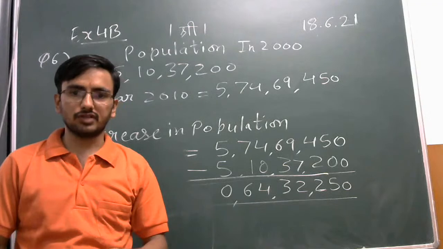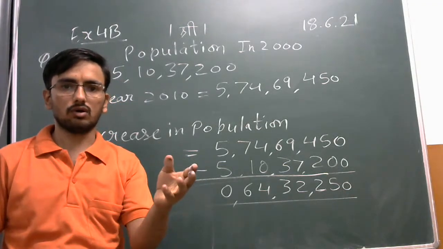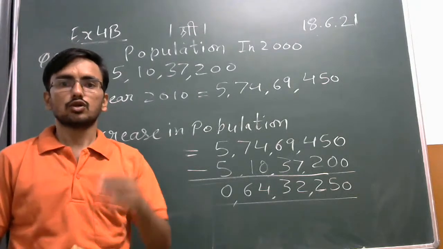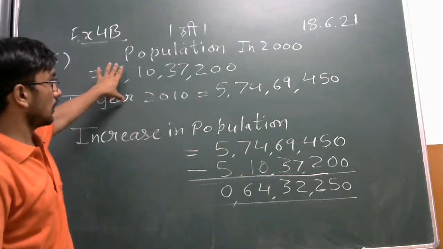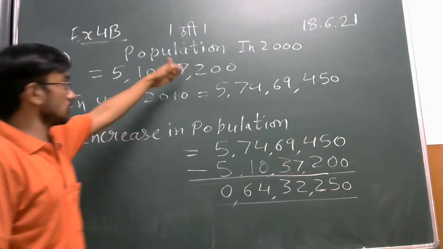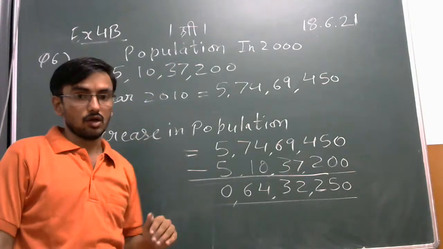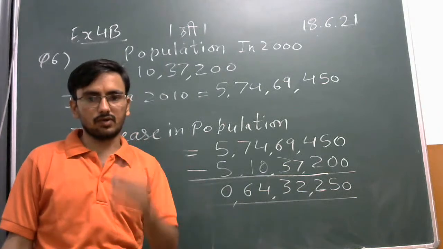Earlier, many of you have shared with me some data about the population of your town, or your city where you are living. So you may take the data about population for 2 different years. Suppose 2000 and 2010. Or suppose you are born here and today 2021 is going on.